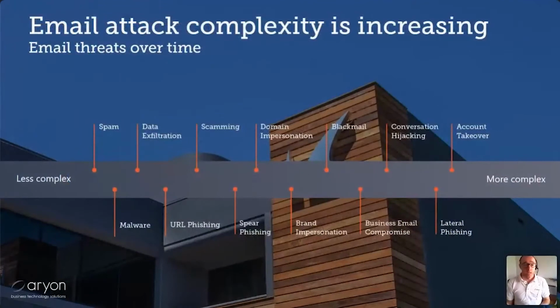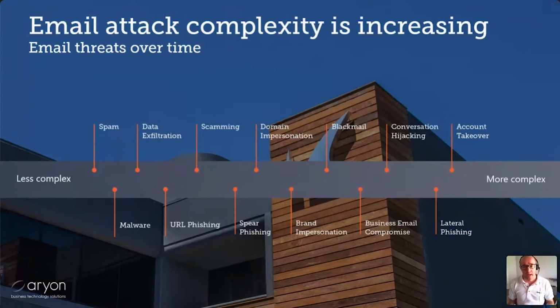Now, if we consider email attack evolution over time, if we look back to the early days, it now seems to have been quite simple to block a lot of the spam that we were seeing back then, be it your bulk delivered Viagra or Rolex watch style spam, or just your pornography, your viruses, your malware.